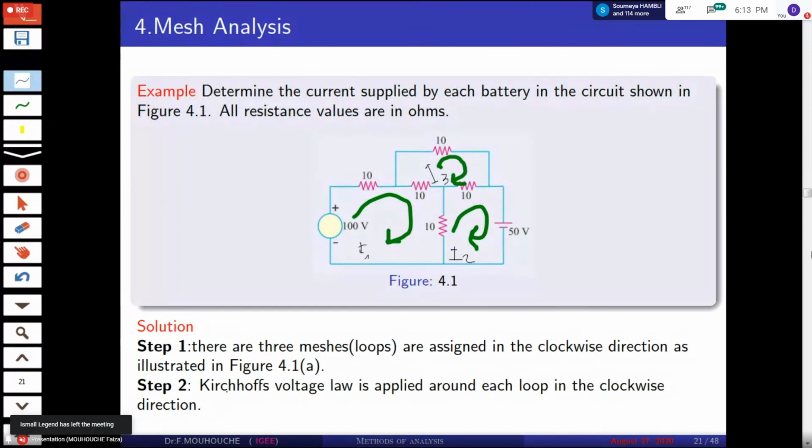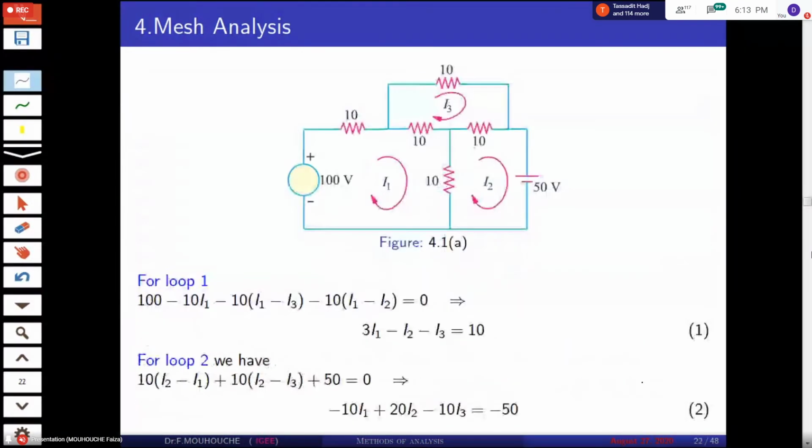The second step: Kirchhoff's voltage law is applied around each loop in the clockwise direction. Here, for example, for the first loop, we have 100, here I take the inverse sign.